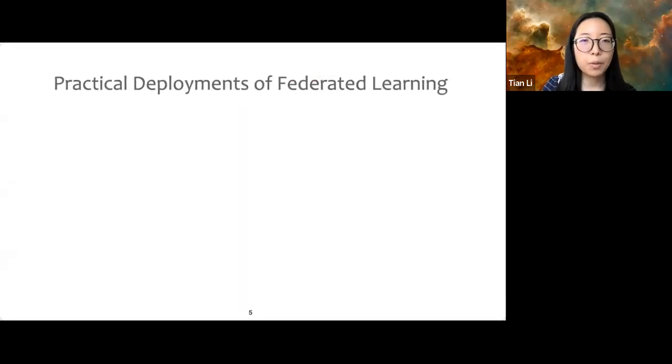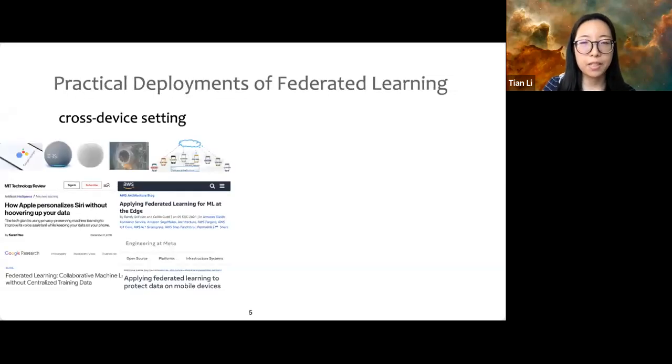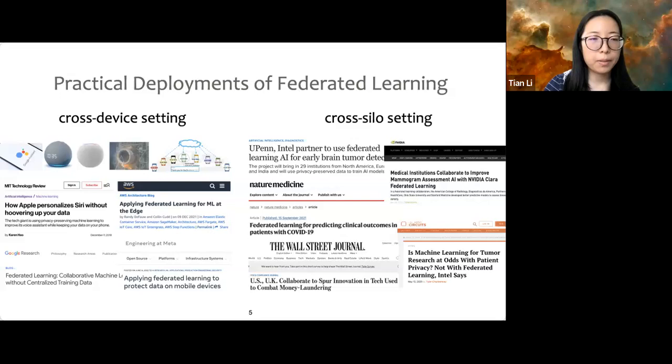It has been deployed by a number of service providers and real-world applications in different areas. For example, in the cross-device setting, where we learn over remote devices, example applications include speech recognition on phones and predictive maintenance across sensor networks. Another popular application scenario is the cross-silo setting, where we jointly learn over isolated silos or organizations.